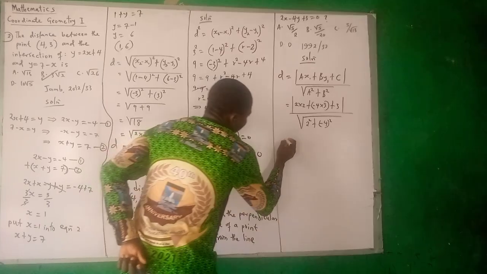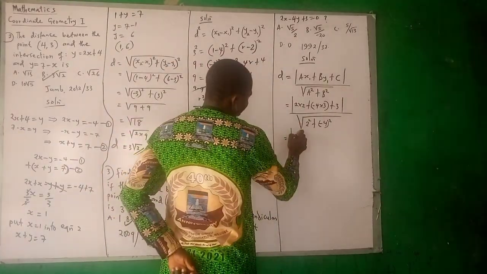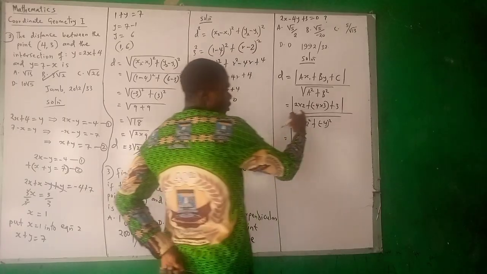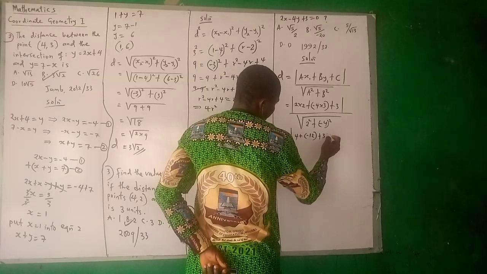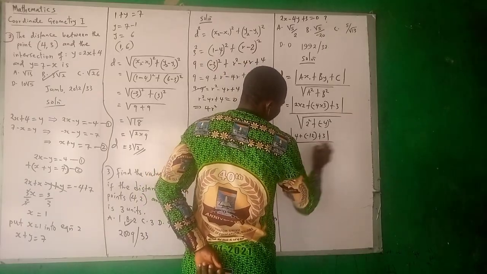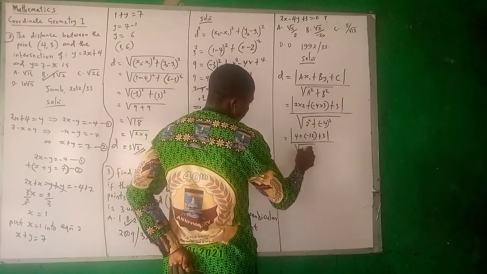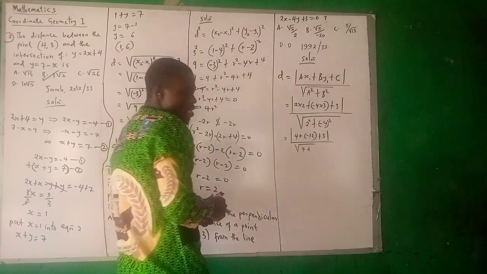So that is the absolute value of 2 times 2 is 4, plus minus 4 times 3 is minus 12, plus 3, over the square root of 2 square, which is 4, plus minus 4 square, which is 16.